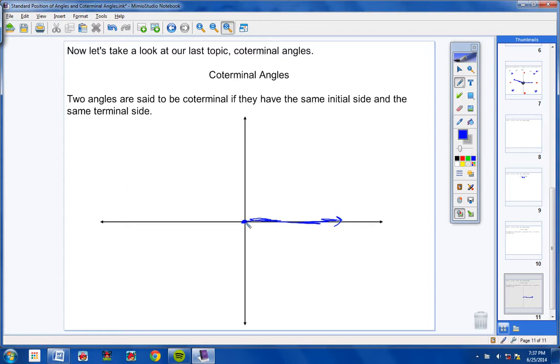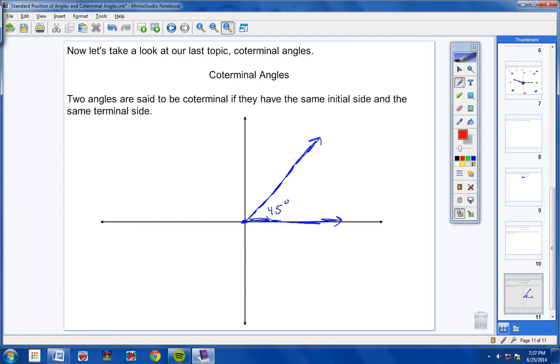Now, you say, well, Mr. Earhart, what would a coterminal angle be for this angle? Well, let me show you. Remember, a coterminal angle has to have the same initial side and the same terminal side. So if I wanted you to find a positive coterminal angle for 45 degrees, you would have to start at the same initial side, and you couldn't just go to this terminal side and stop.